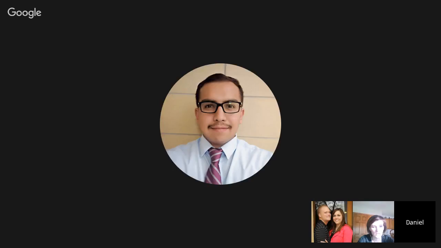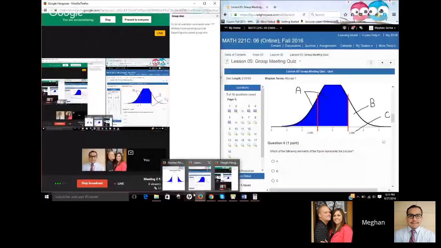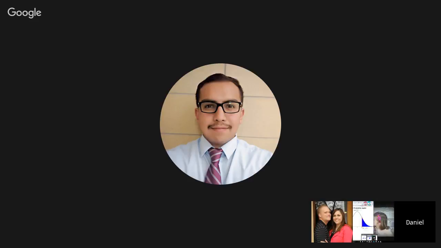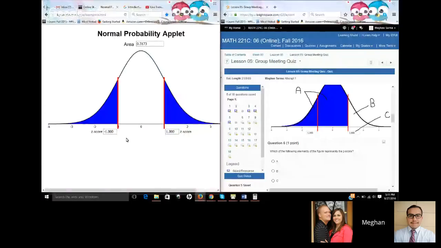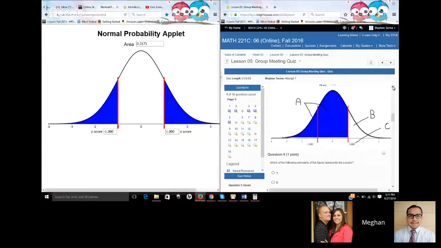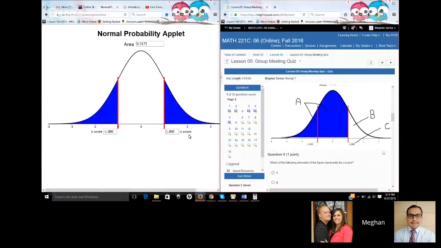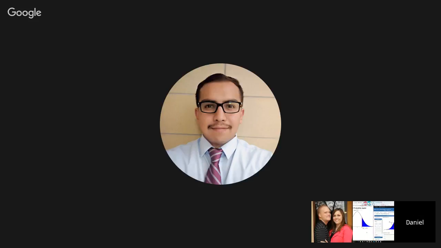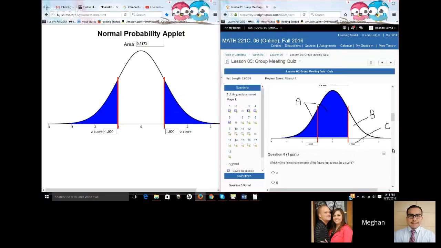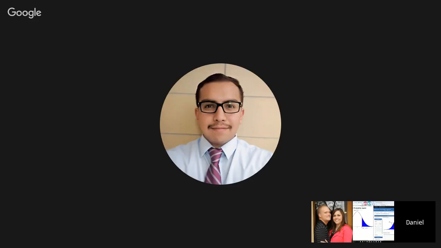Can you guys see my screen? Yes, now I can. If you look at the applet, which is the same image as on the quiz, the C is where you would see the z-score. But what is it referring to on B? I think B is just the left-hand portion of the data. That's what I was thinking, because it's just a number.